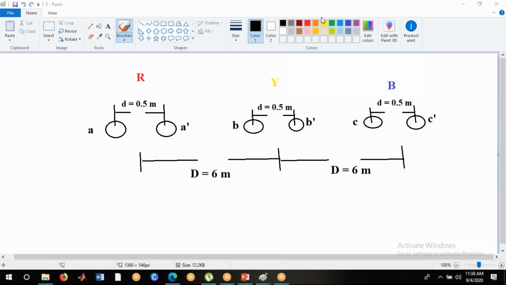Let me see how we can calculate the DS value. So the DS formula is DS equals cube root of DSA, DSB and DSC. Okay, now let's find the DSA value.